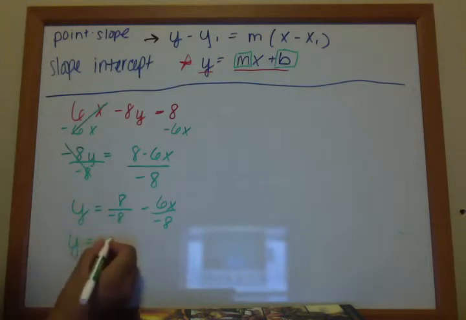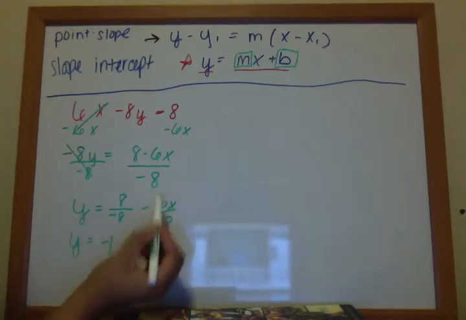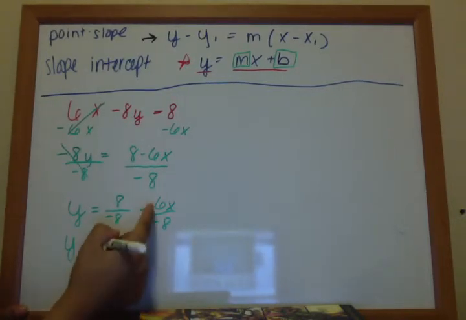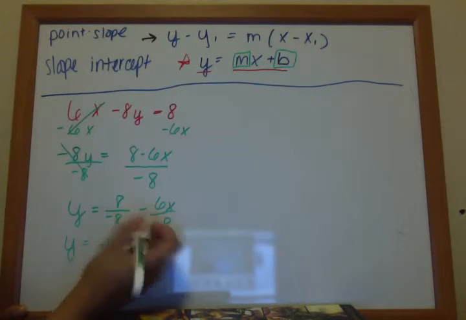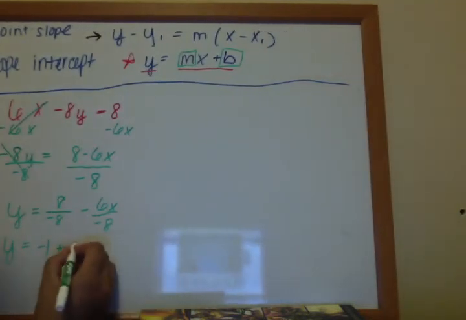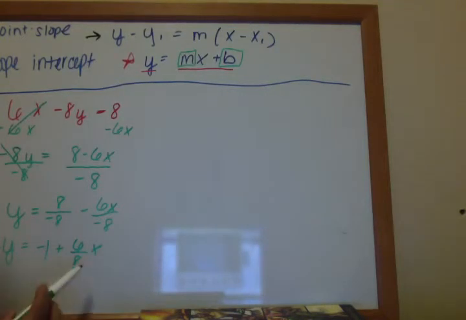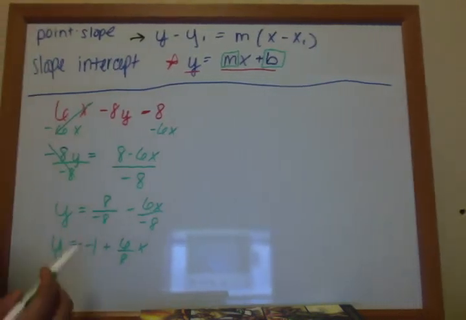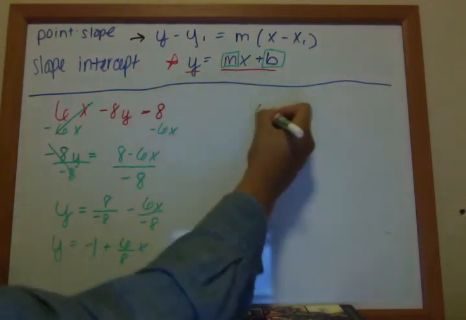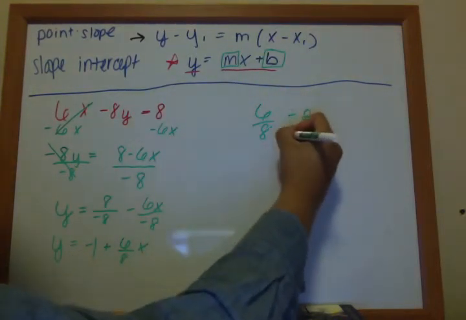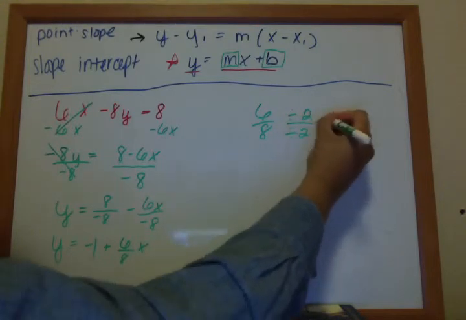So you're going to get y equals 8 divided by negative 8, negative 1, negative 6x divided by negative 8, positive 6 divided by negative 8x. Okay? So then we can reduce this 6 over 8 if you divide top and bottom by 2.